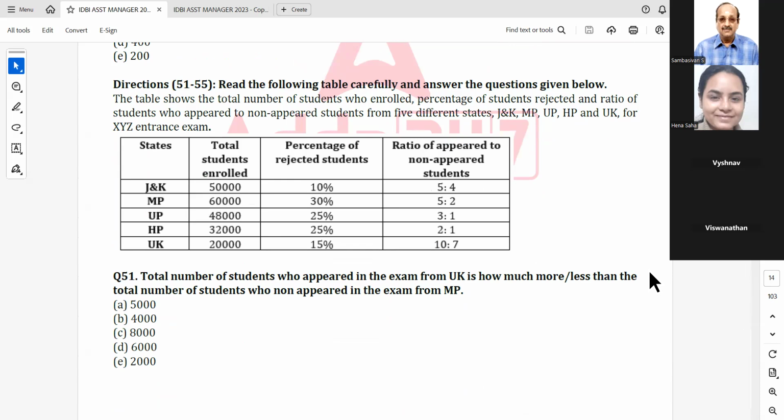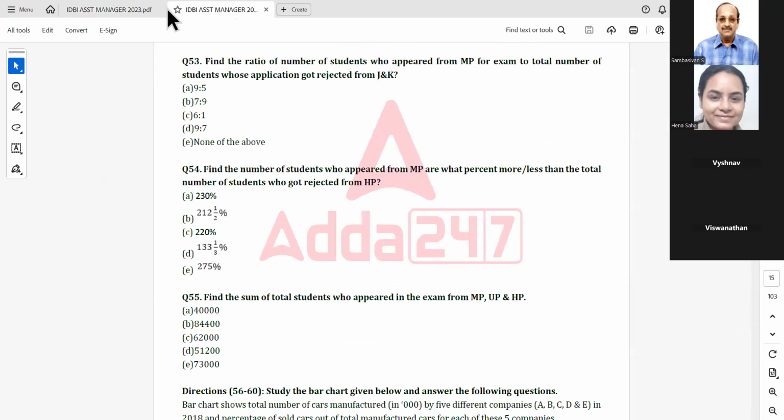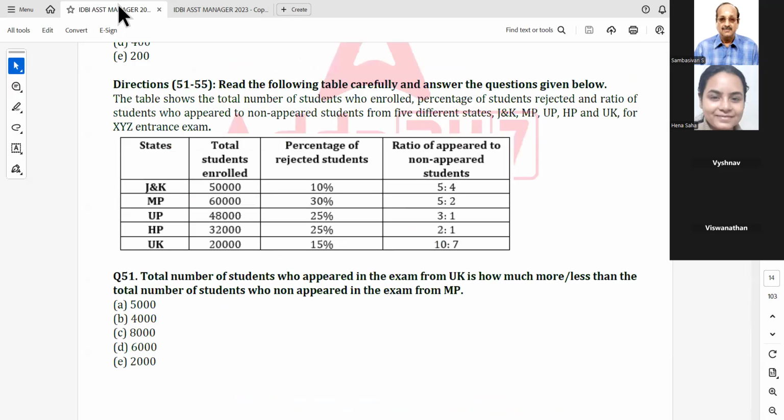Exact sentence. What is that sentence? Find the number of students who appeared from MP. Number of students appeared from MP is 60,000. Not 60,000.